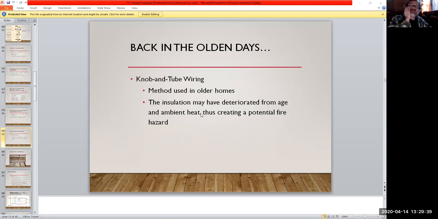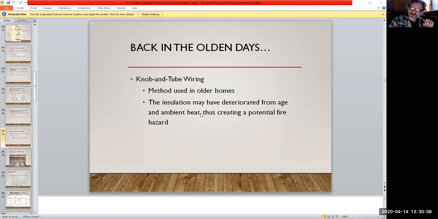And that's funny, because I actually have in my locker back at school an old knob and tube set that was pulled out of a house, so I could show you guys what this stuff looked like. They used a cloth asbestos-style insulation around it, right? And the knob and tube, you can still find pictures of this stuff, had a ceramic post.